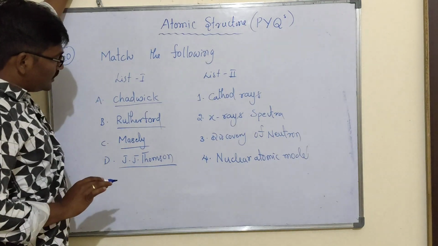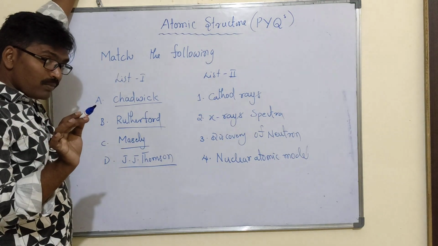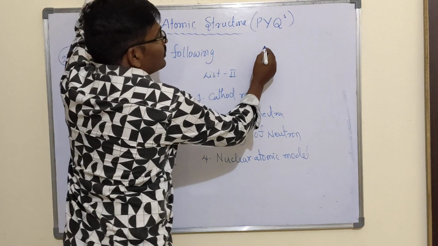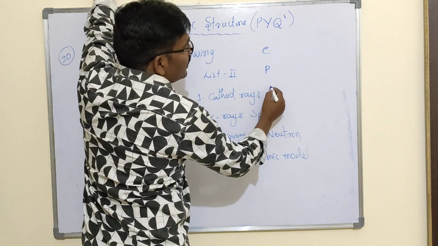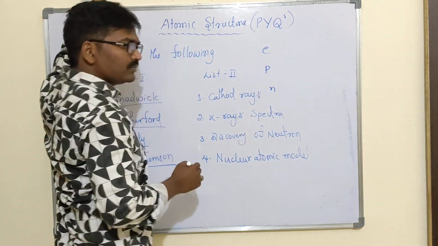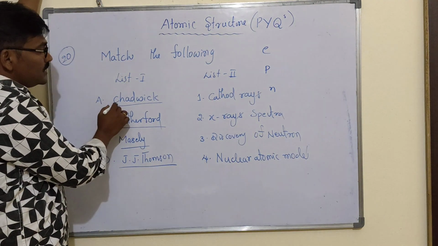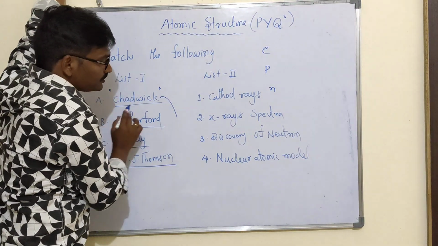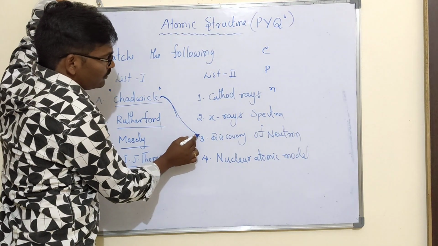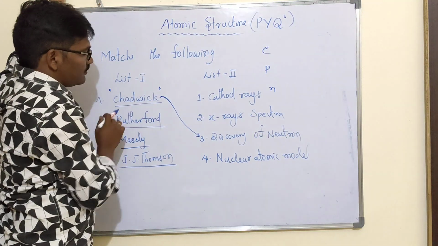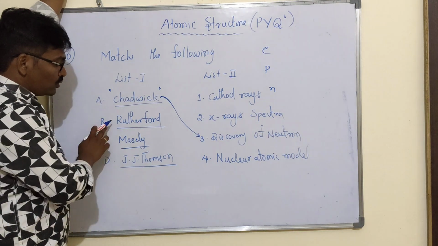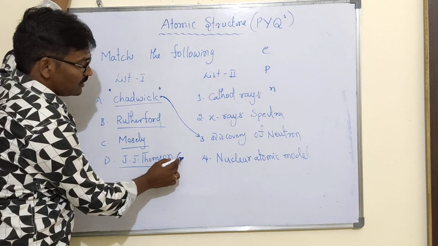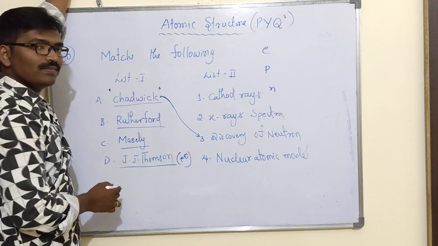Sir, this is generally based on the fundamental particles: electrons, protons, neutrons. James Chadwick is the discoverer of neutrons. Then Rutherford, Moseley, and J.J. Thomson. Everyone knows J.J. Thomson discovered electrons.